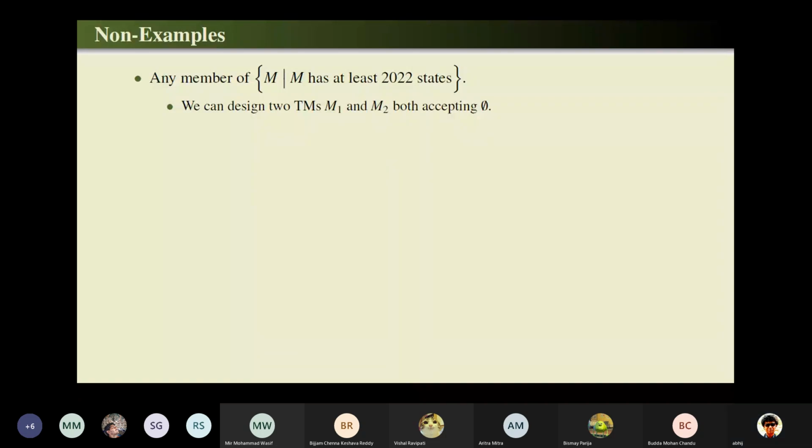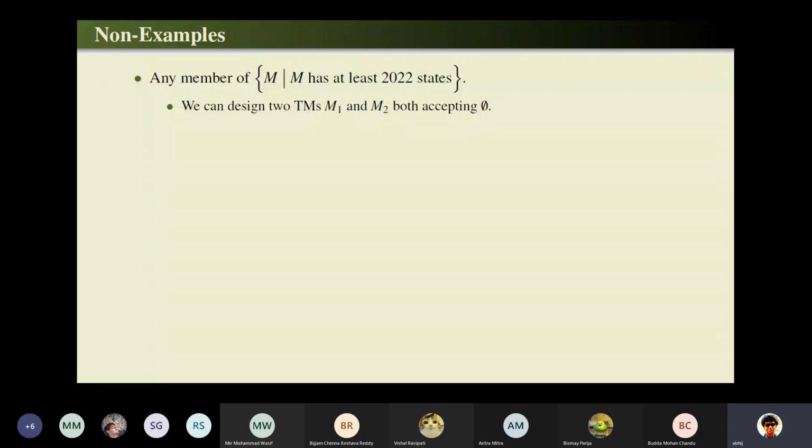On the other hand, I can design M2 which upon any input will go from S to S1, S1 to S2, S2 to S3, S3 to S4, and so on. I will make something like 2023 states, or whatever you want, 1 million states.